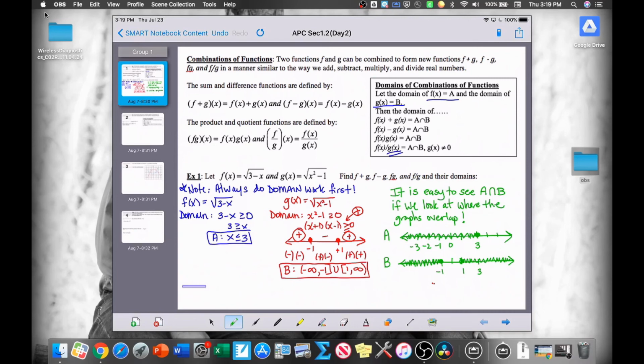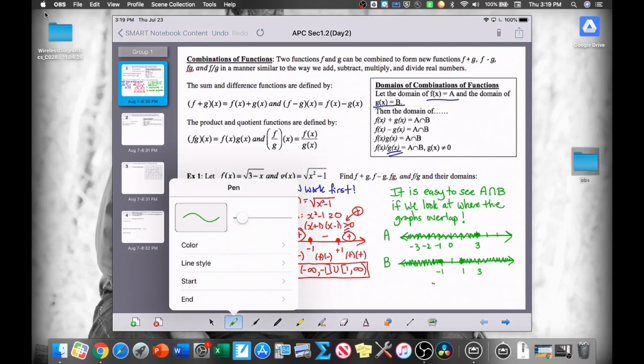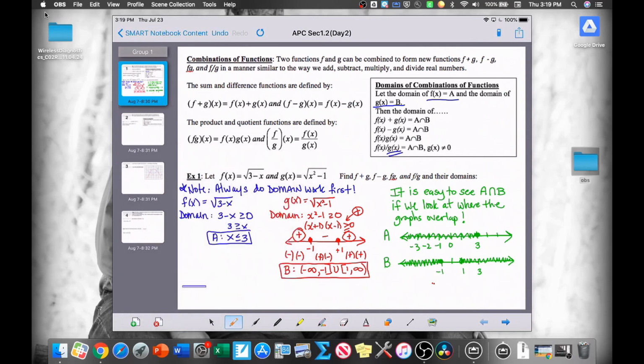So the question then is, where do these intersect or overlap each other, right? And that's the A intersect B part. That's what we're looking for. And that A intersect B is basically going to happen right here and from here to here.